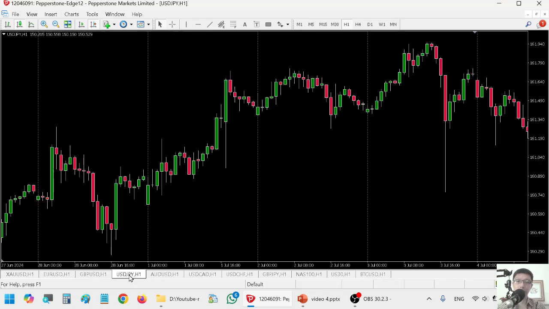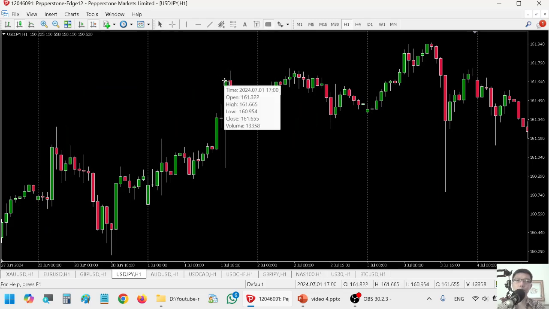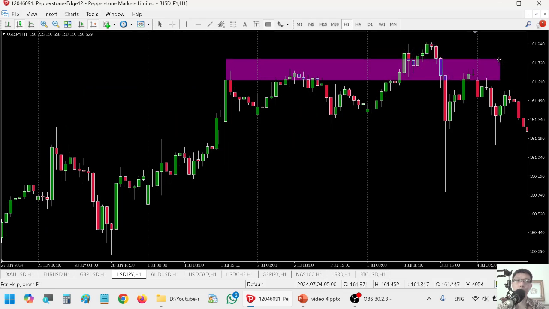Let's see USD JPY. See here, after this big bullish candle, this is a resistance area. Why?